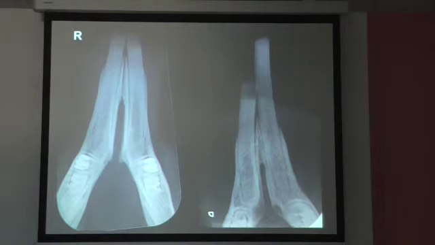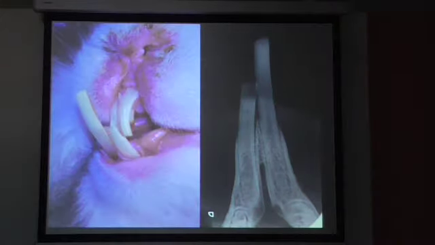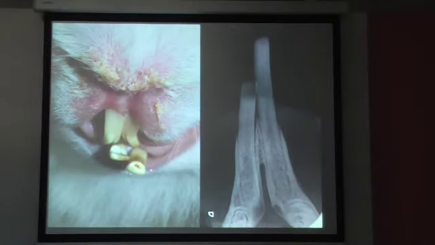Here is this case. And again, there is a huge problem with the apex of this large tooth.